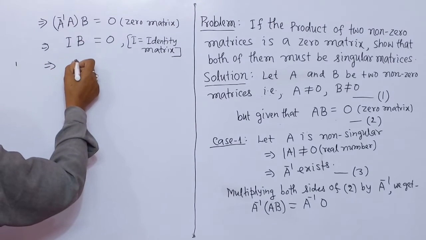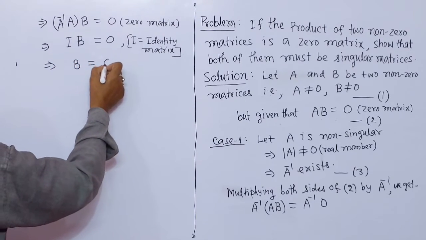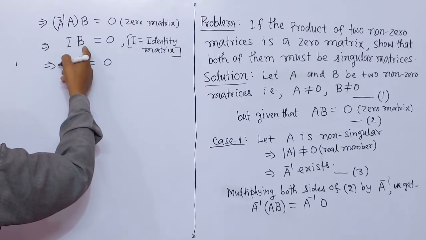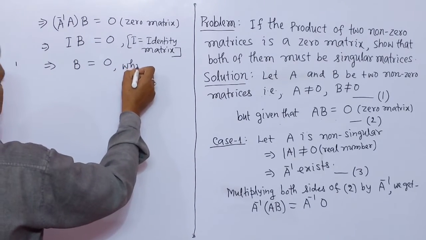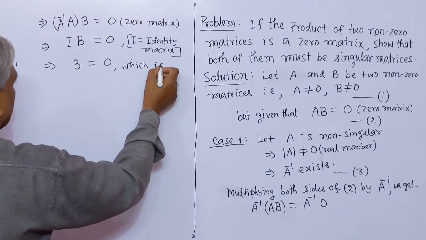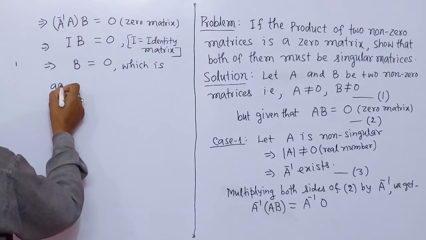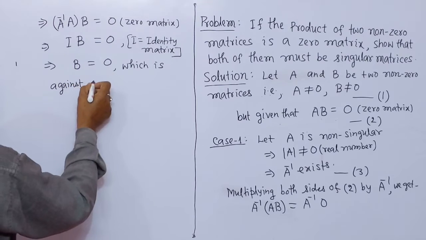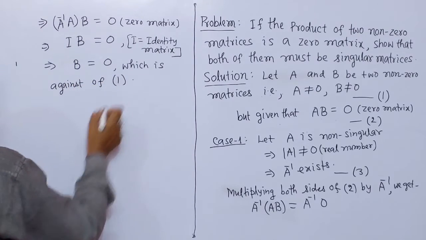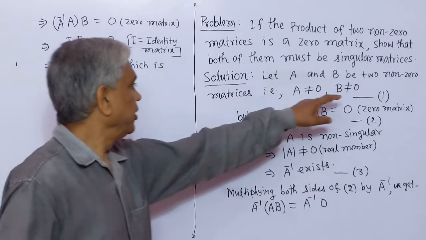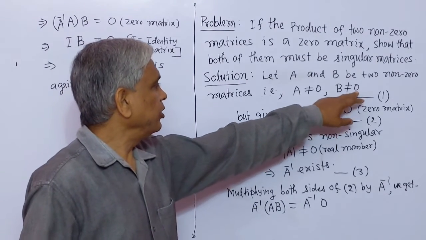This implies that B equal to 0, since identity matrix multiplied by B is B, which is against number 1. In number 1, B is not equal to 0.